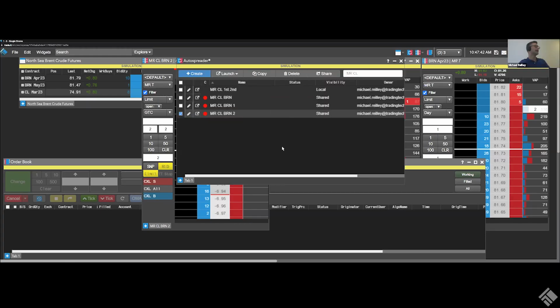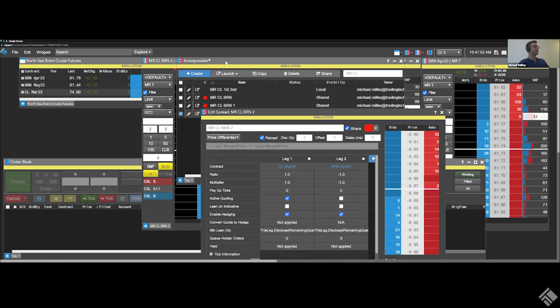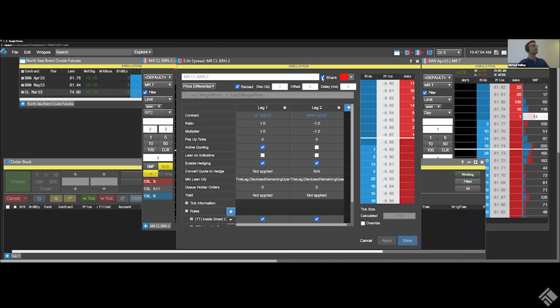All right. So the second question was, does sharing the TT workspace include the Autospreader configurations and the ASE rules? No. Sharing a workspace is just the workspace itself. For the actual configurations and rules, there are a few things you can do. If we pull up the config, I did check a box here for share.